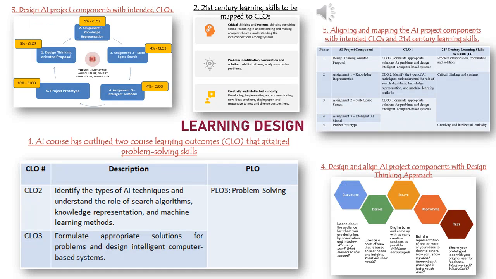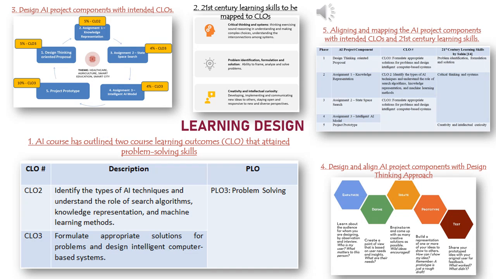For materials and methods, we have improved the learning design of the AI course. Firstly, the AI course has outlined 2 course learning outcomes that attain problem-solving skills. Secondly, 21st century learning skills have to be mapped with the respective course learning outcomes.